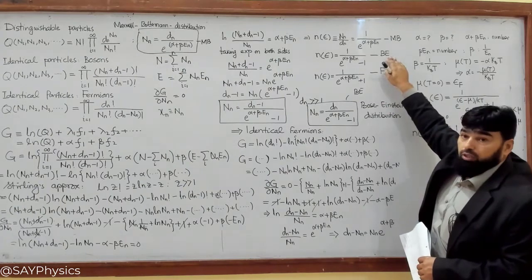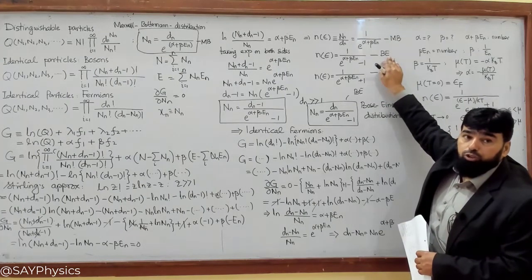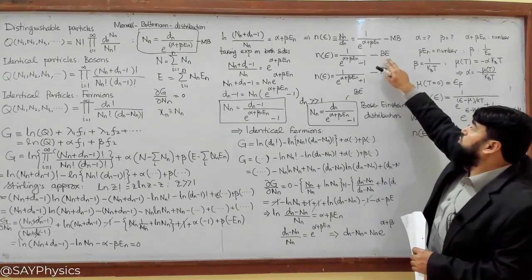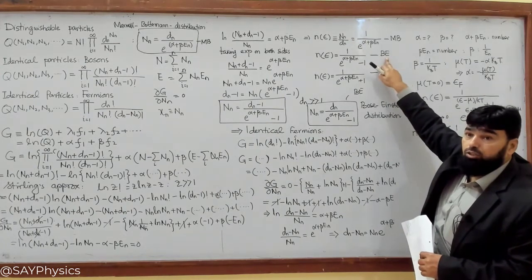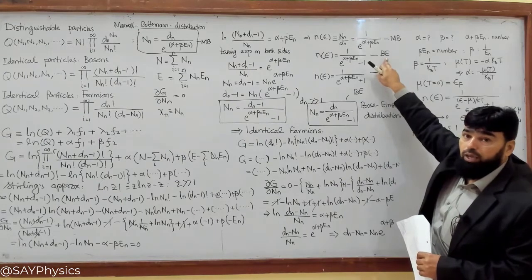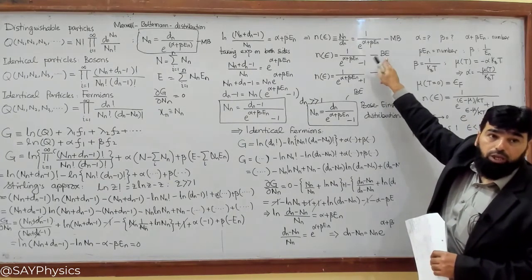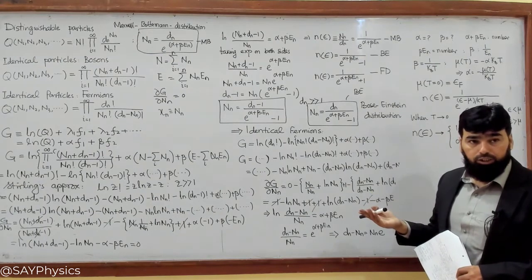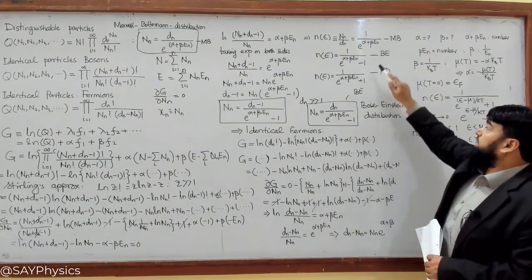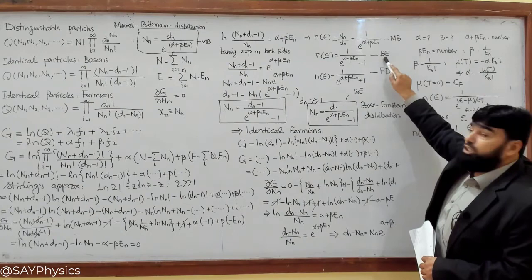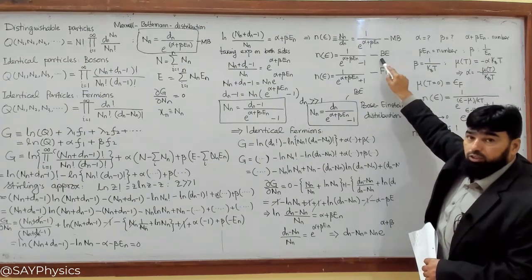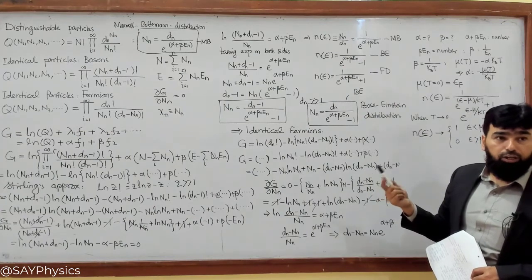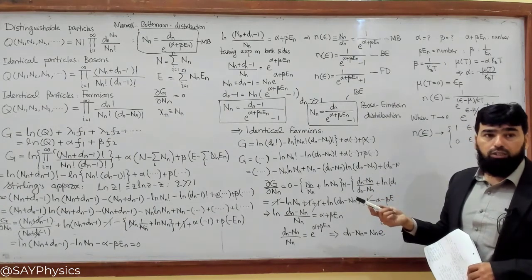While this one, the Bose-Einstein distribution, is also for quantum mechanical particles. But these quantum mechanical particles are not obeying the Pauli exclusion principle. So there can be more than one particle per one state. Right? And further, these particles are integral spin particles, like zero spin particles.